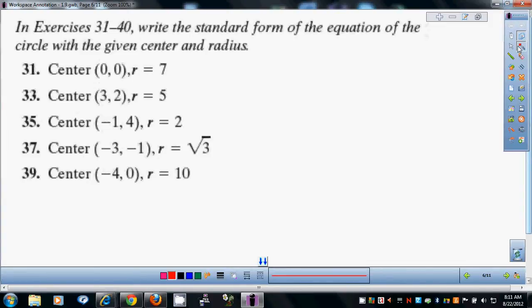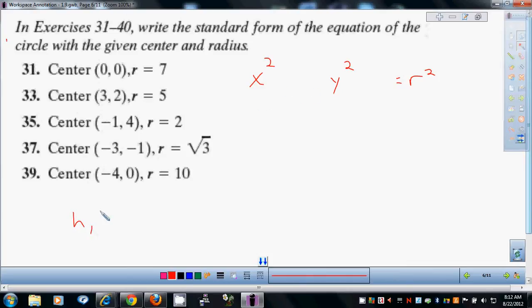Write the standard form of the equation of the circle. Equations for circles. Who remembers the equation for a circle? It's actually very, very similar to the Pythagorean theorem, only it starts out x squared, y squared, r squared. But who remembers how the center worked into this formula? Give you a hint.